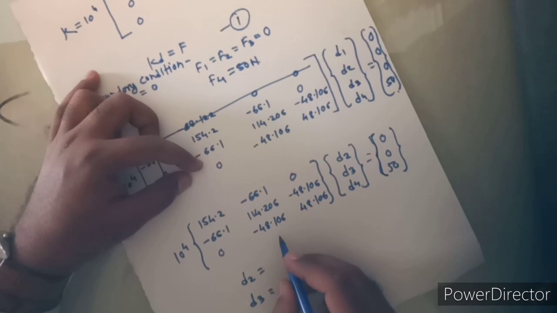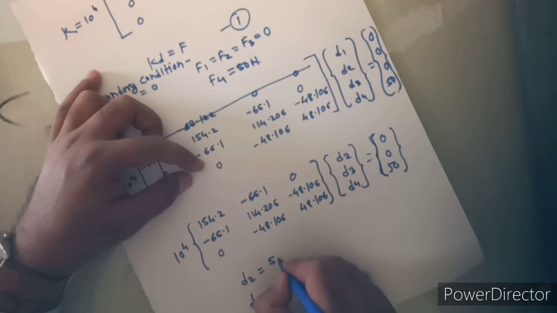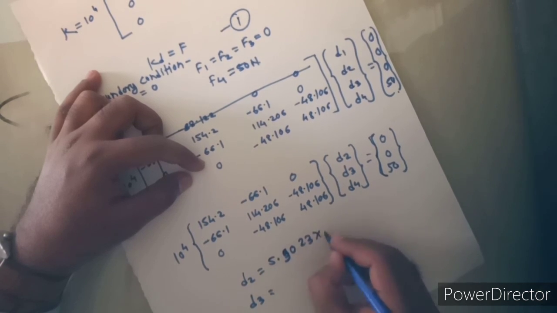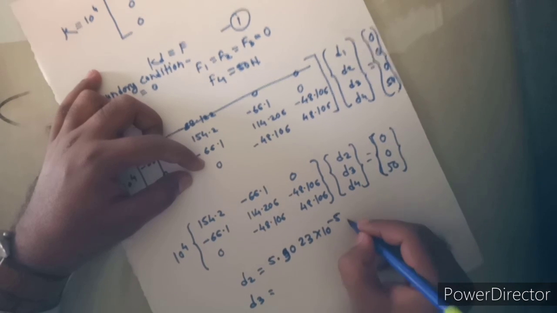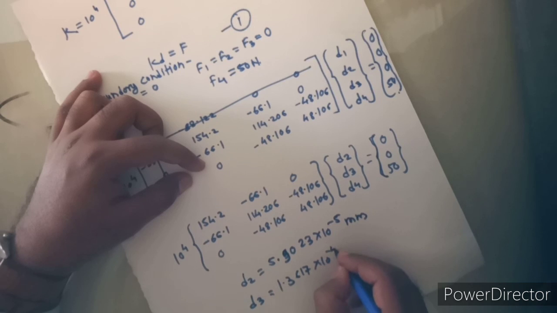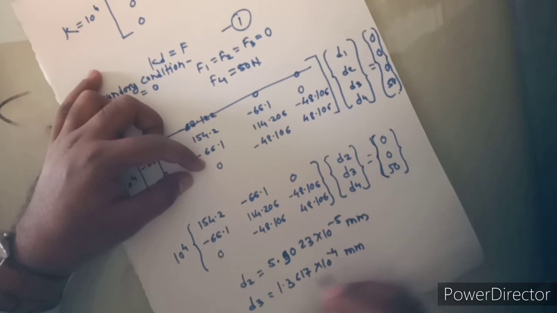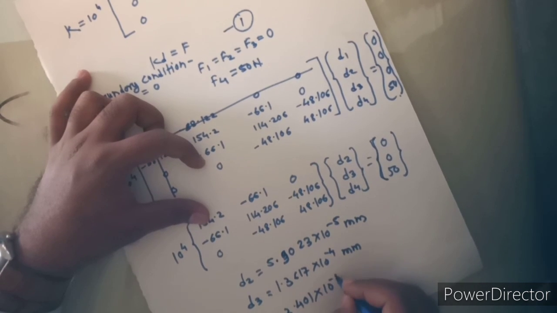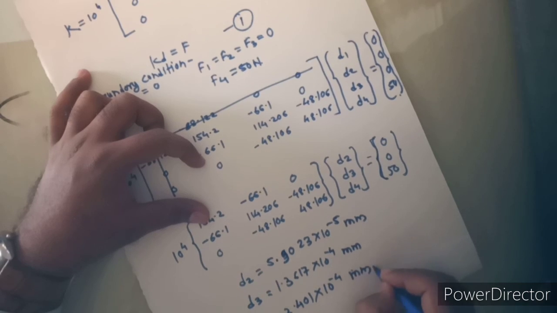By solving this, you will get D2 is equal to 5.9023 into 10 raised to minus 5 mm. D3 is equal to 1.3617 into 10 raised to minus 4 mm, and D4 is equal to 2.401 into 10 raised to minus 4 mm.